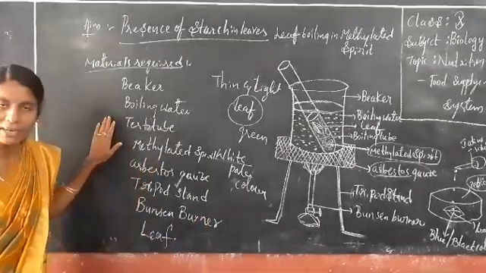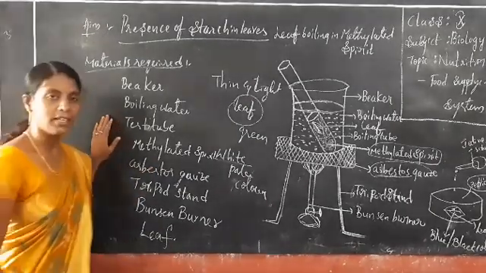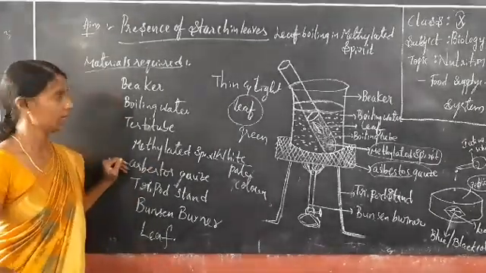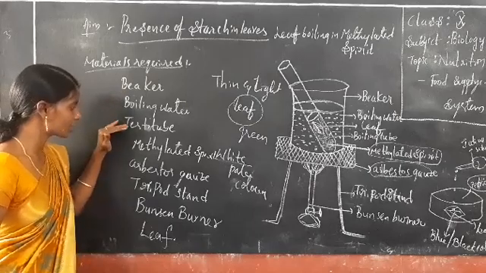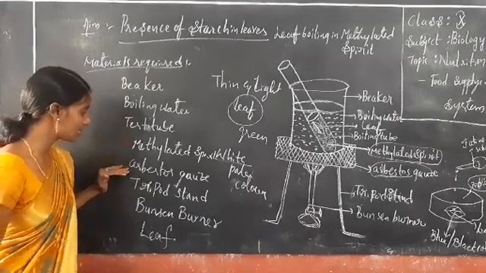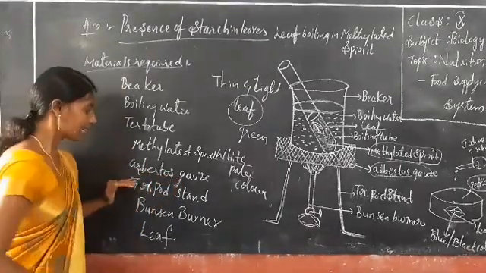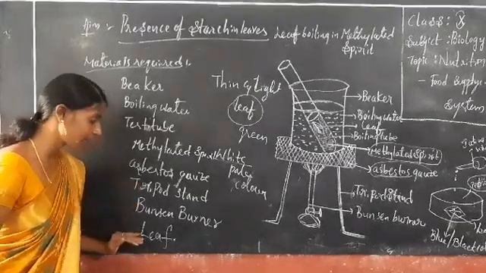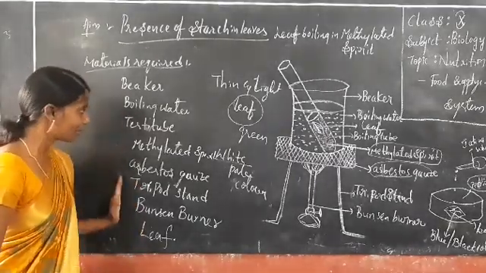These are the main materials required for doing this activity: beaker, boiling water, test tube, methylated spirit, asbestos gauze, tripod stand, Bunsen burner, leaf. So these are the main materials required.